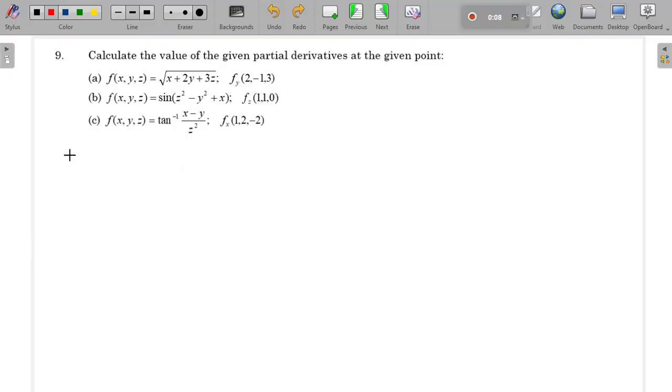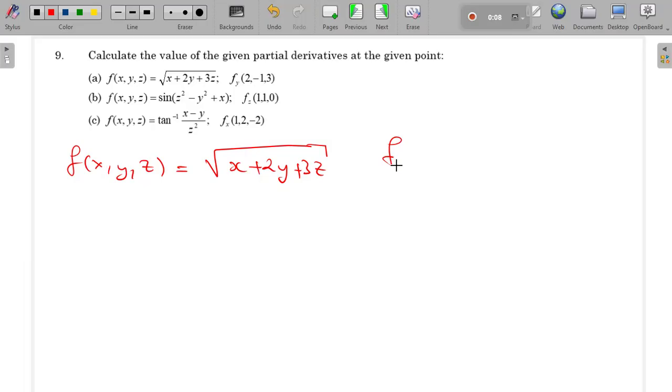For part A, we have f of x, y, and z equal to the square root of x plus 2y plus 3z, and they're telling us to evaluate the partial derivative with respect to y at the point 2, -1, and 3.